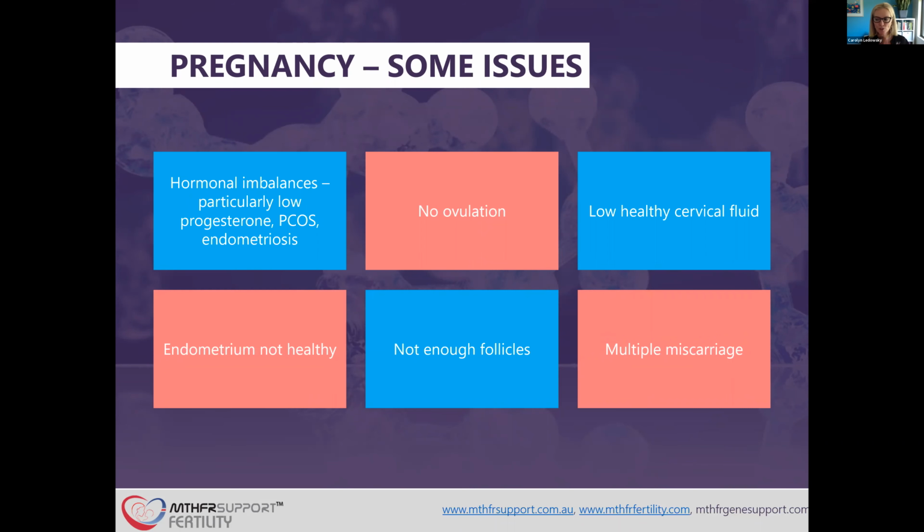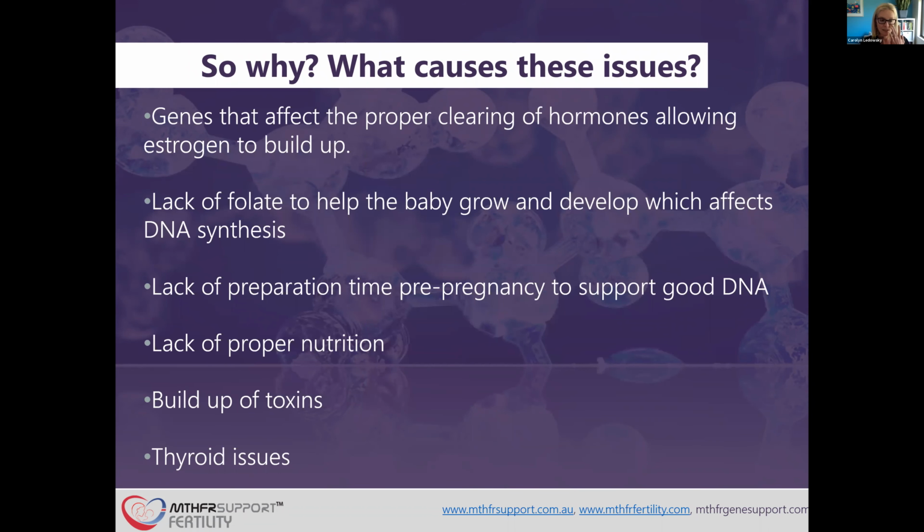So, and I'm sure all of you would know, and one of the reasons you're here is that there's a lot of different issues: hormonal, ovulation, low healthy cervical mucus, perhaps the endometrium's not healthy, maybe there's not enough progesterone, not enough follicles, multiple miscarriages. And when you consider that there are obviously multiple factors, you've got your genetic susceptibility, you've got lack of folate that comes with perhaps that genetic susceptibility.